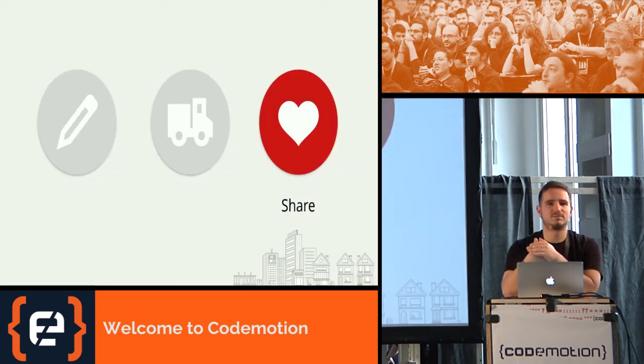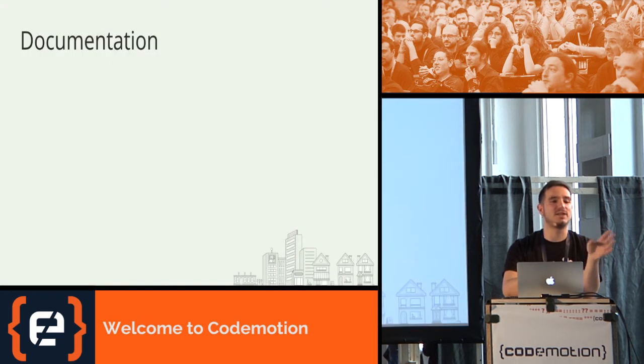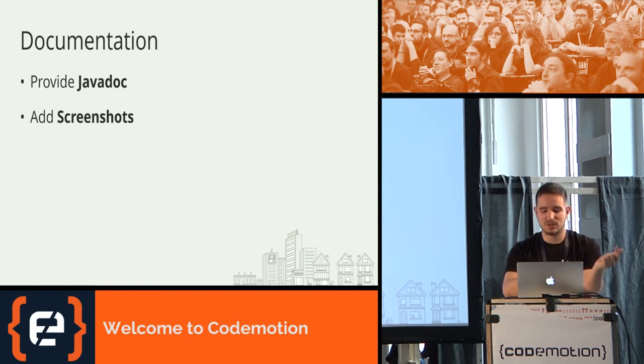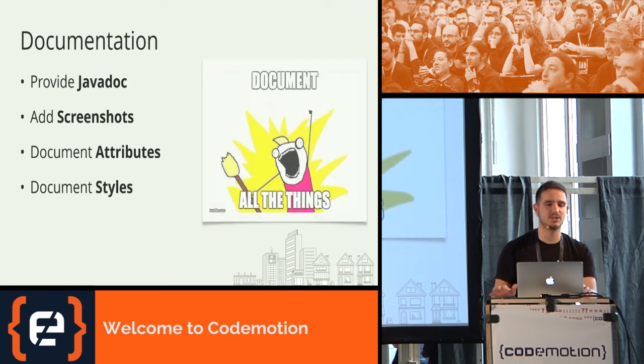OK, so it's fine. Now it's time to share your component with the rest of the other developers at Yelp. So first of all, to be sure that your component is fine, we require you to provide documentation. So you must provide Javadoc, you must add screenshots, you must document every attribute and every style, as I showed before.